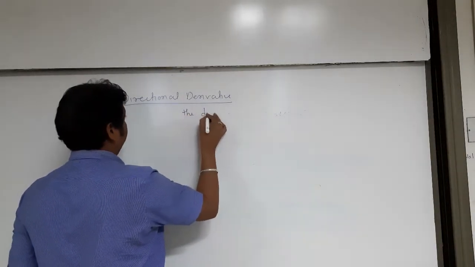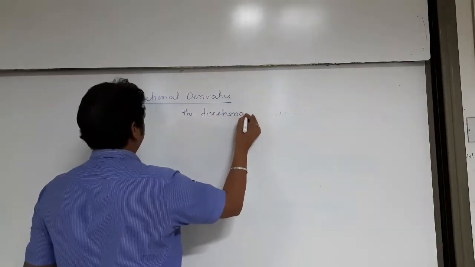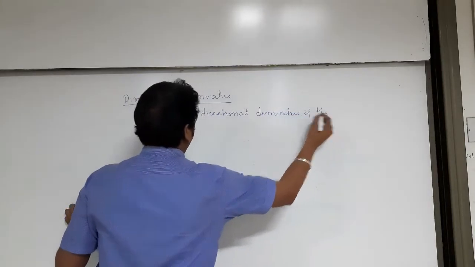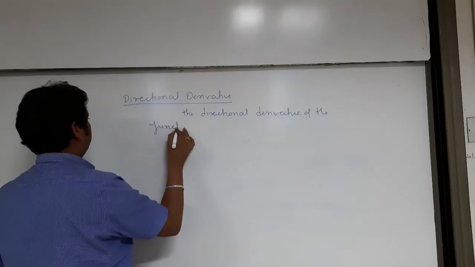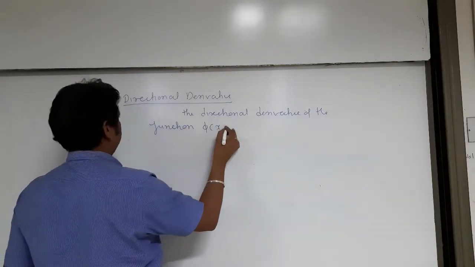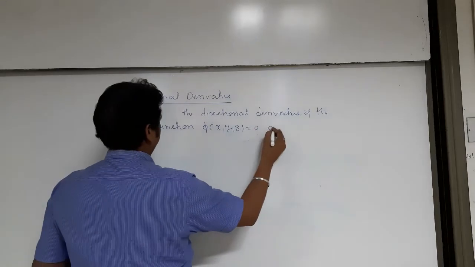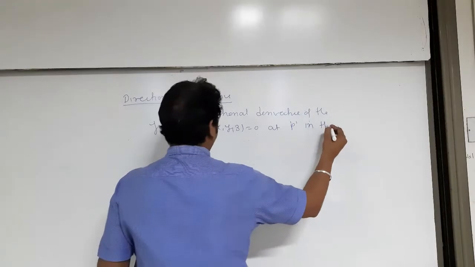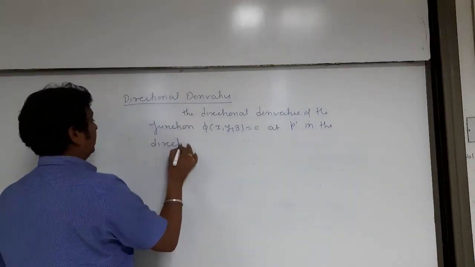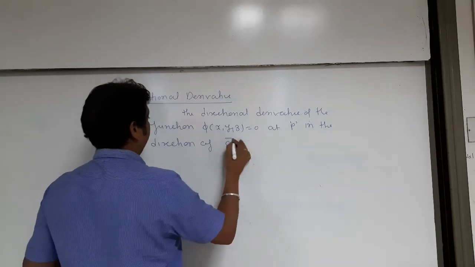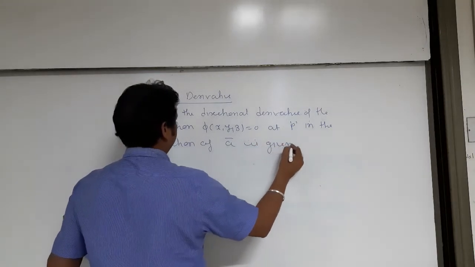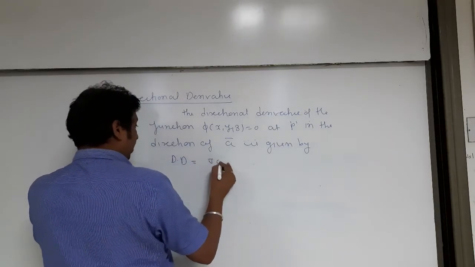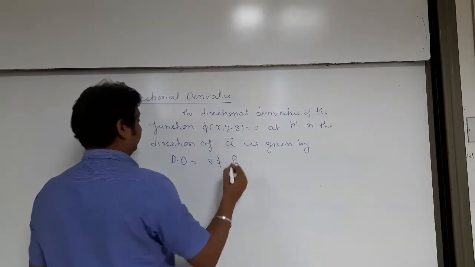The directional derivative of the function at point P in the direction of a vector A is given by del phi dot A cap.